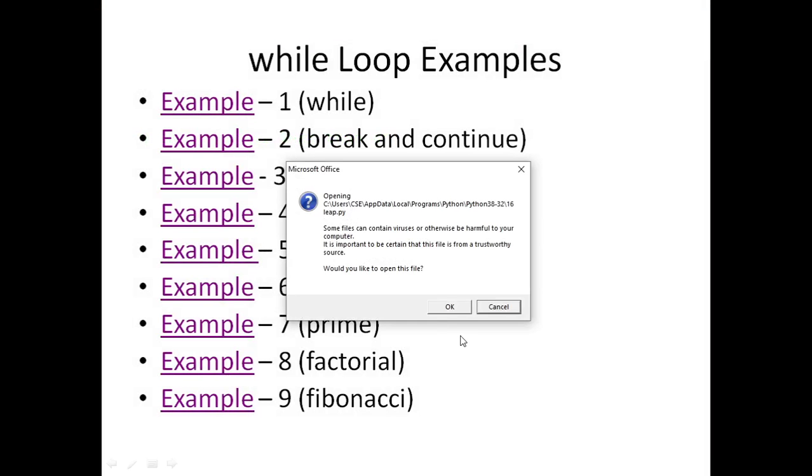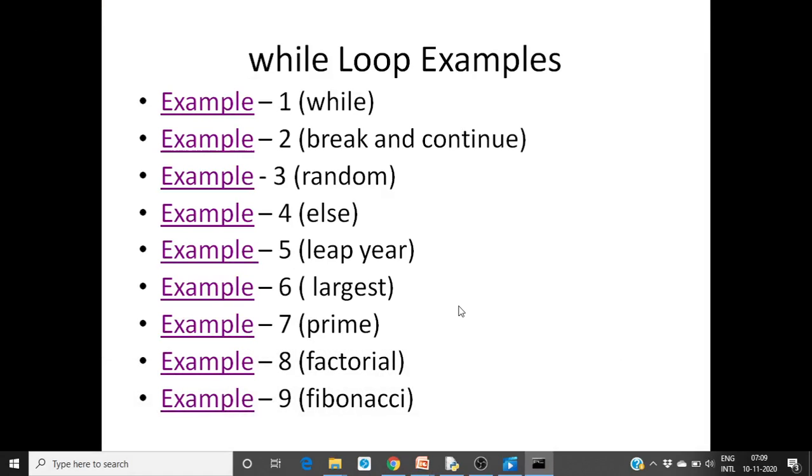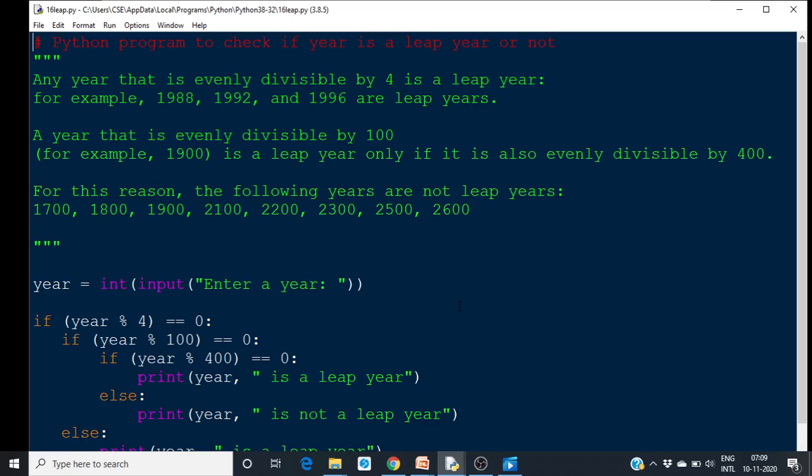Then we will see another program to check whether a year is a leap year or not. So you have to understand what a leap year is. Any year that is evenly divisible by 4 is a leap year. But a year that is evenly divisible by 100, which is also divisible by 4, may not be a leap year.